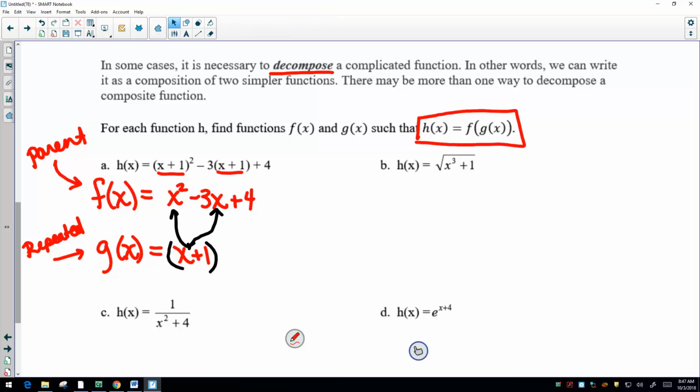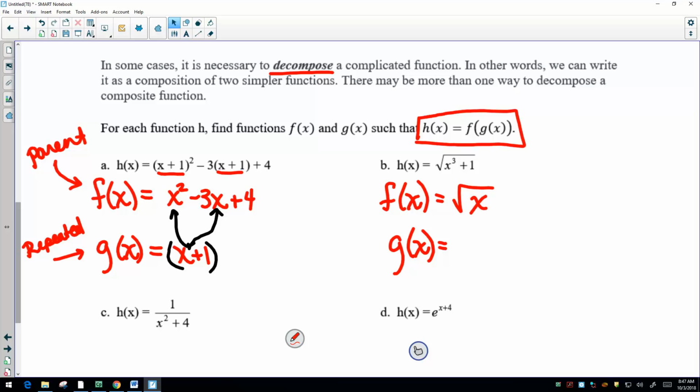Okay. If we try example B over here, same idea. I'm going to either find a parent function for f of x or find something repeated for g of x. Well, I don't see anything repeated, but from a parent function, one of my 12 basic functions, it kind of looks like we have a square root of x. So what does that mean?